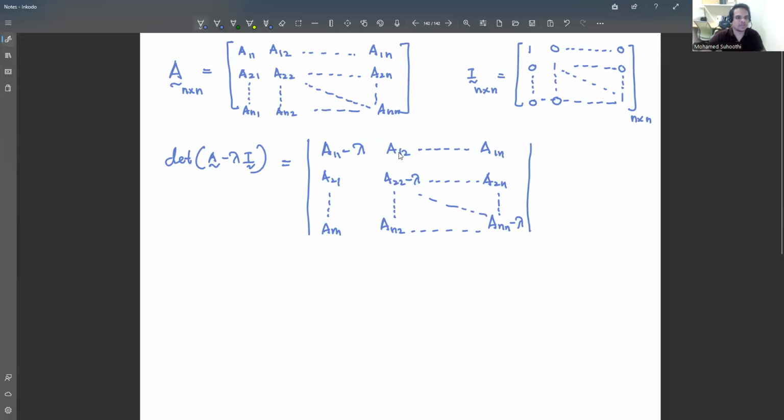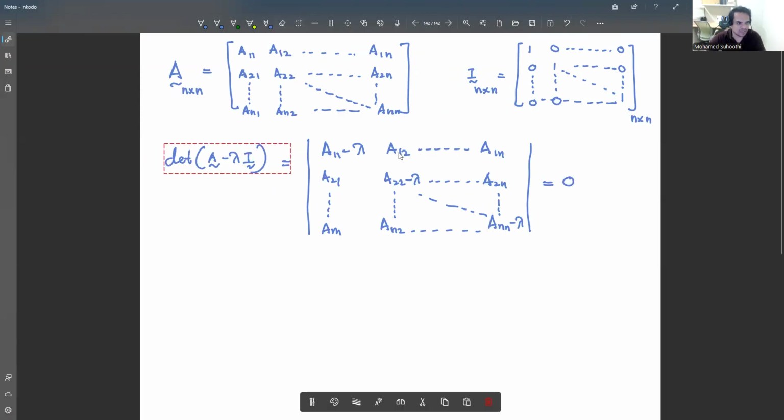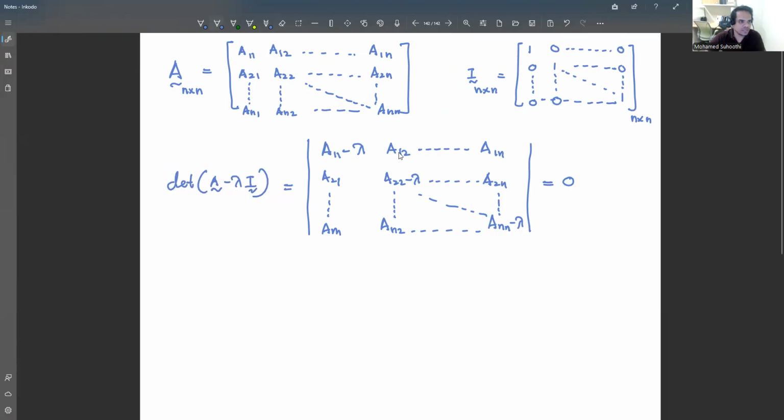This is actually equal to 0. That is the non-trivial solution.